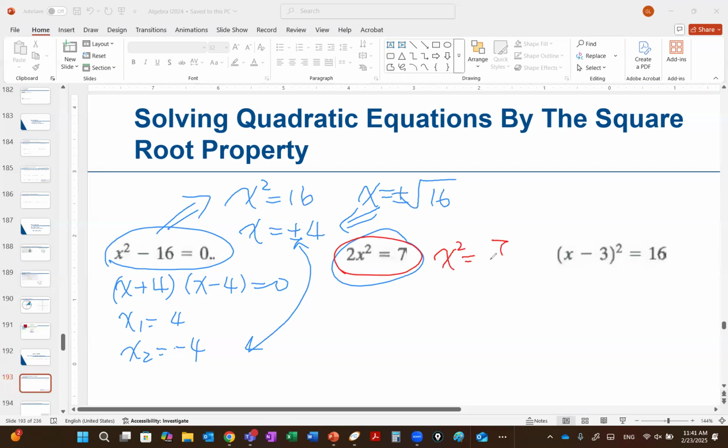All right. This one. First, we can change it to X squared equals 7/2. Is it correct? Anyone here? Can we transfer this one? Yeah. All right. So X can be what? Is it correct? Anyone know how to do this? Who doesn't know how to do this? Raise your hand. Anyone know how to simplify this one?